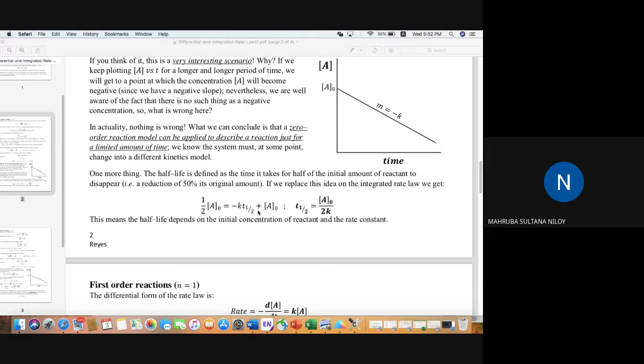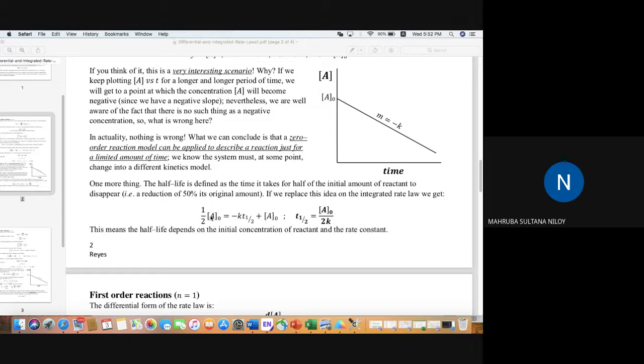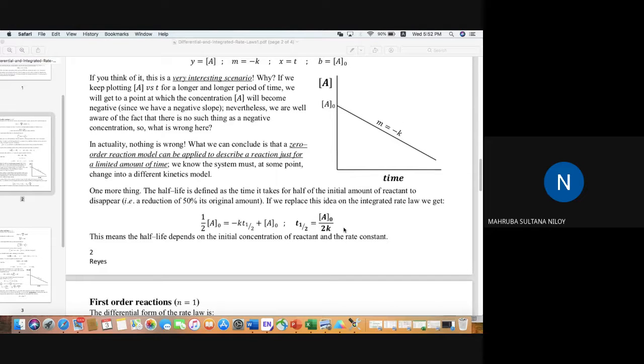Okay, so when the concentration will be half, then we put A equals to half of A naught, right? Yes, sir. So then for the half-life, we can rearrange this equation. We can get the half-life for the zero order reaction, initial concentration divided by 2K.